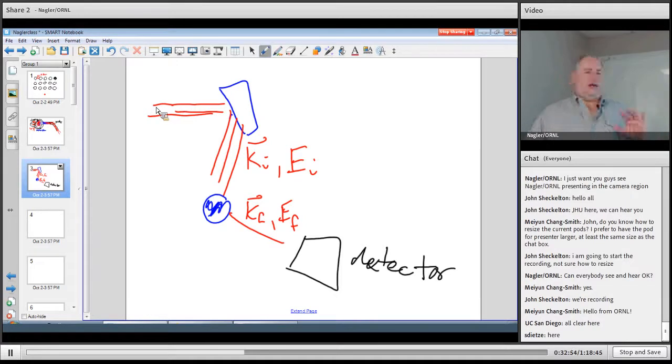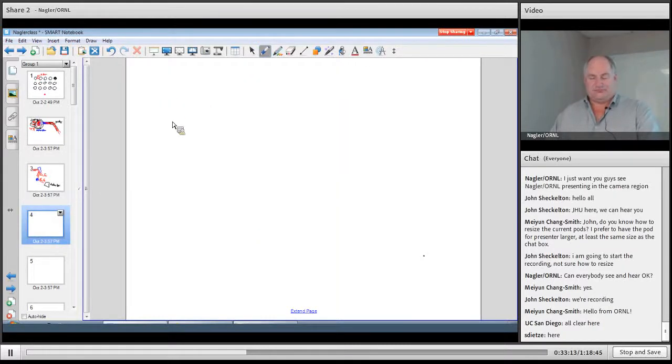Okay? It sees neutrons from the source. It sees neutrons from the sky. Okay? It sees neutrons from bouncing off the walls. So these detectors typically have to be shielded quite heavily. Okay, so all the considerations that go into this, that's what we're going to try and talk about in a little more detail.